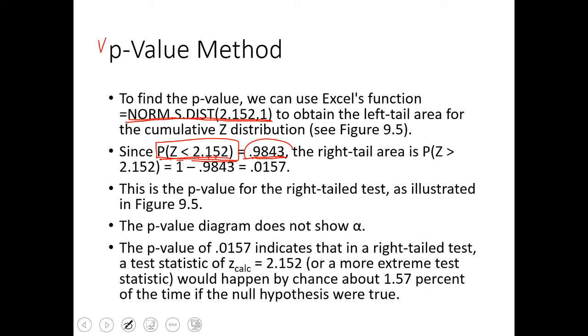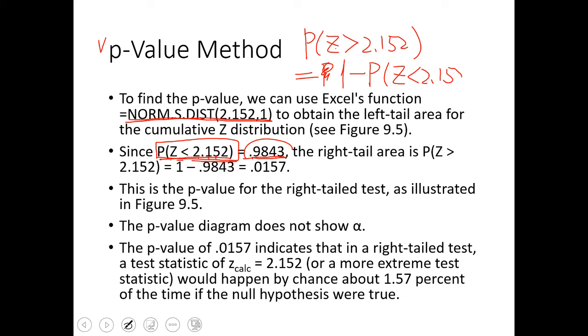So the probability that Z is greater than 2.152 is 1 minus the probability that Z is less than 2.152, which is 1 minus 0.9843. So this value is 0.0157.